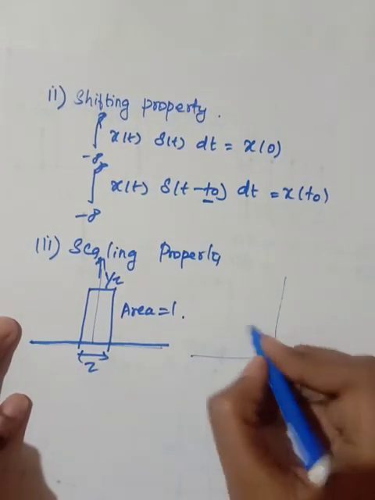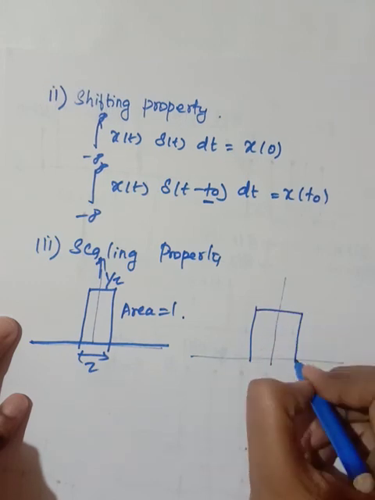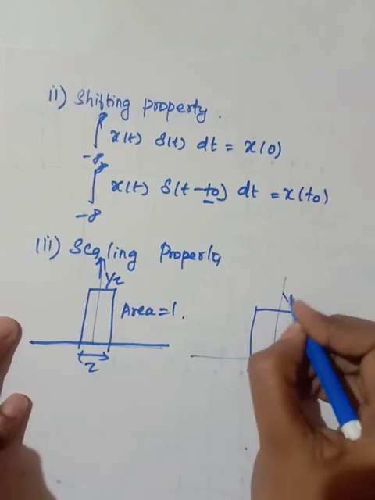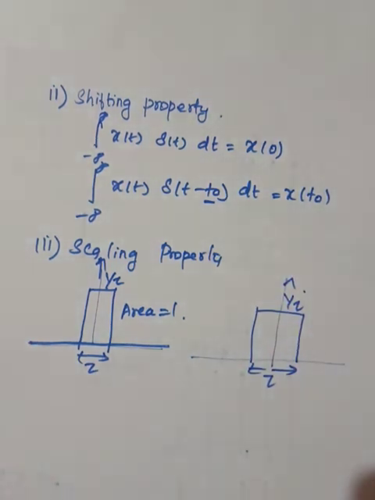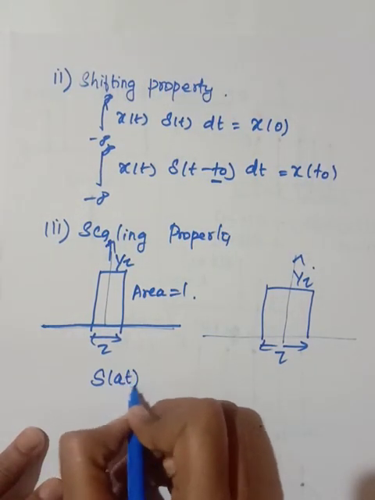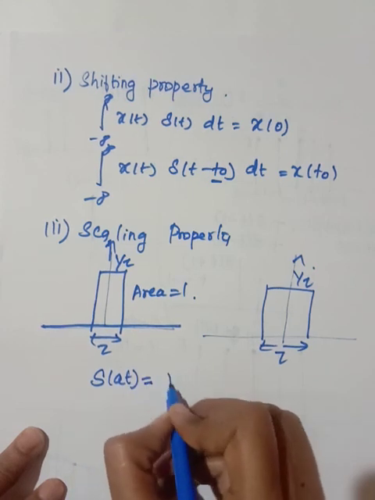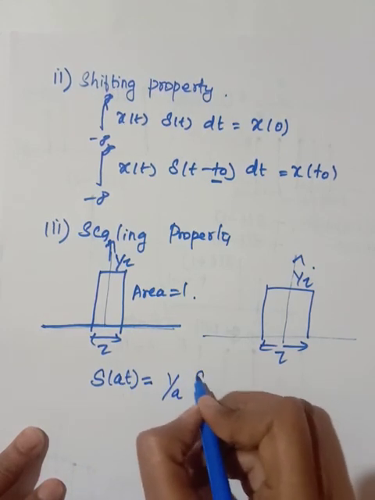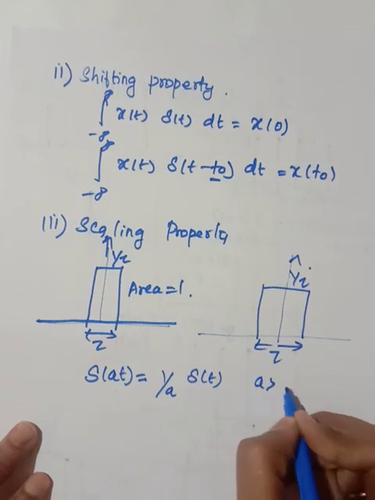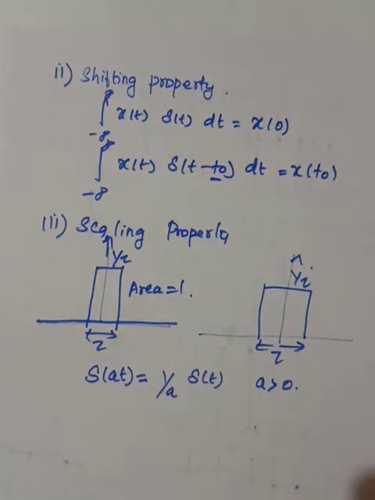When this tau increases, the height will be reduced, in order to maintain unity. So this is the scaling property of a unit impulse signal. What is the meaning of it? If you are scaling del of a t, you need to divide by a, giving 1 by a times del of t, in order to maintain unity, that is for a greater than 0.